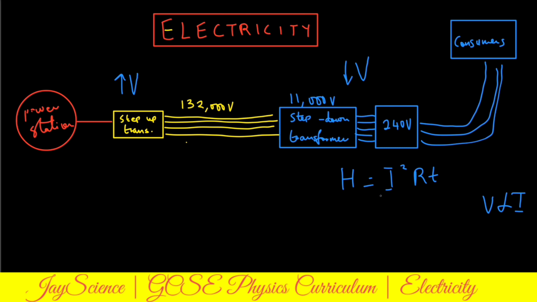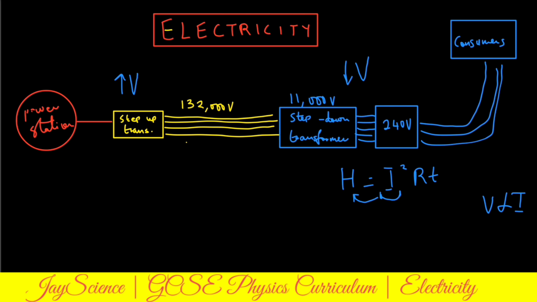So if you transmit the electricity at high current, the heat will also increase, and the cables will burn and cause a lot of damage. But it's easier to transmit at high voltage. At high voltage, the wires can cover really, really long distances without exposing our cables or even the community to so much danger.